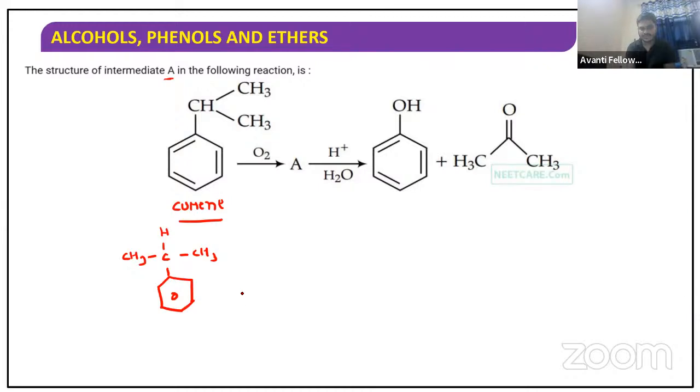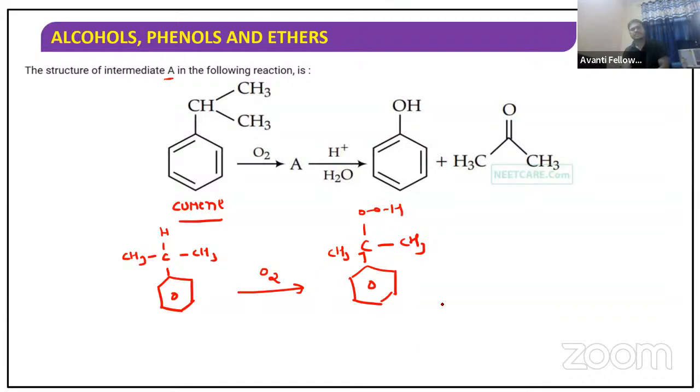Now, when we treat with O2, what will they form? It's a very simple thing. Here we have CH3, C, CH3, and between them and H we have this O oxygen. So this is the intermediate formed in this reaction.